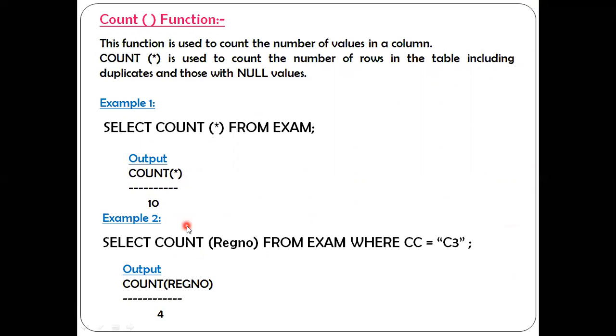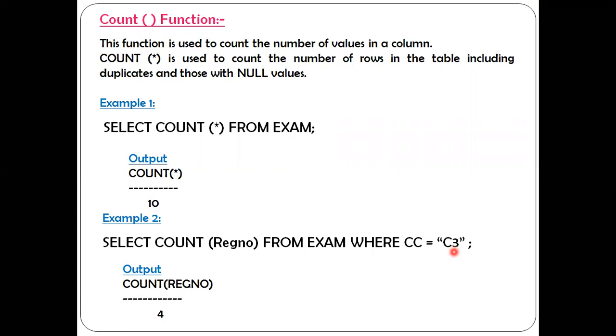Second example: select count of register number. I want to count the register number. Select count of register number from the exam table, putting a condition where college code CC is equal to C3. I'll repeat once again: select count of register number from exam where college code is equal to C3.